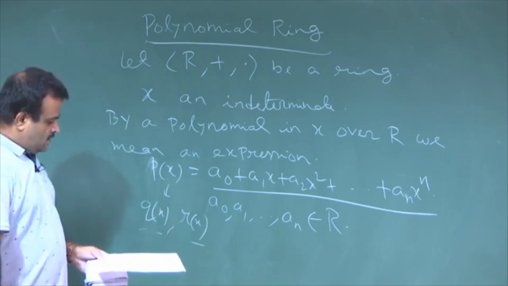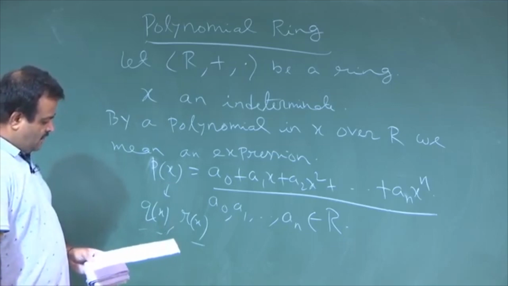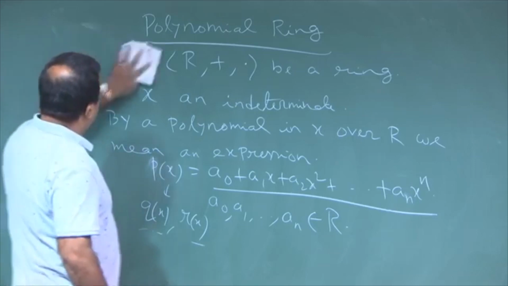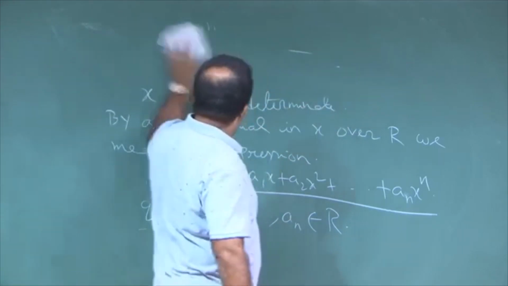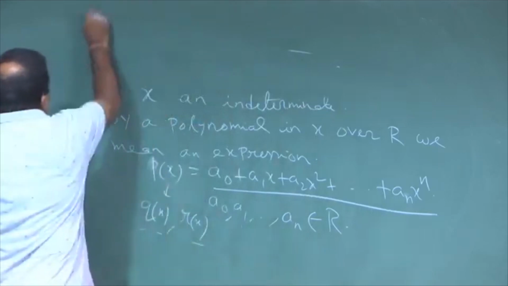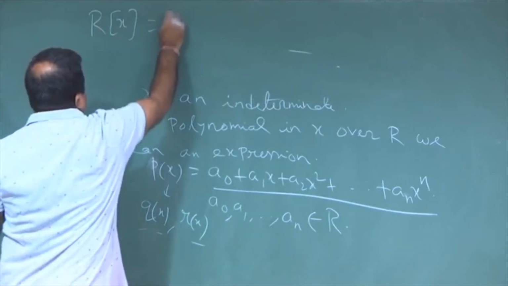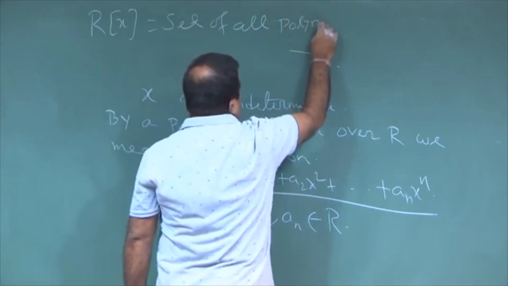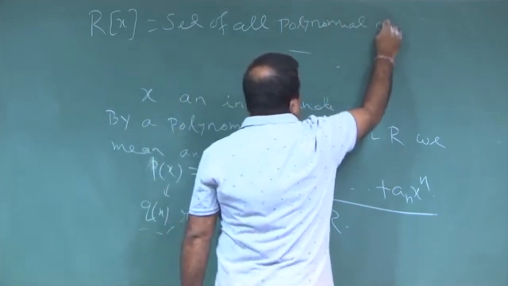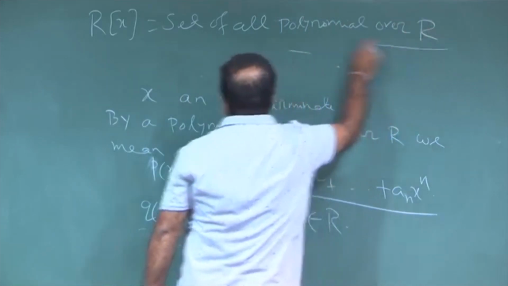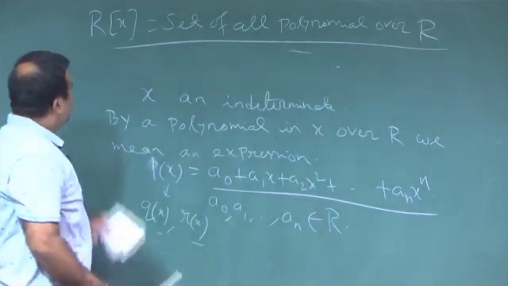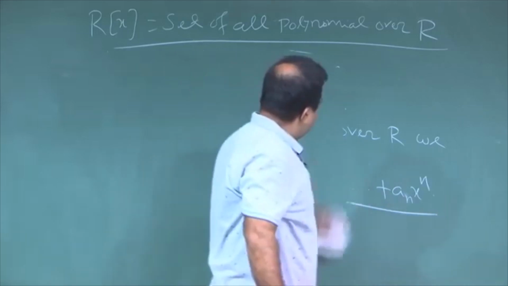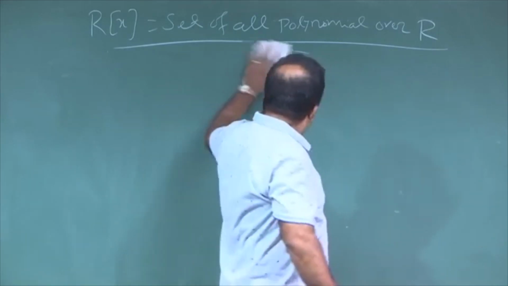Now we define R x to be the set of all polynomials over the ring R. Now, we define a few operations on this R x: equality, addition and multiplication.